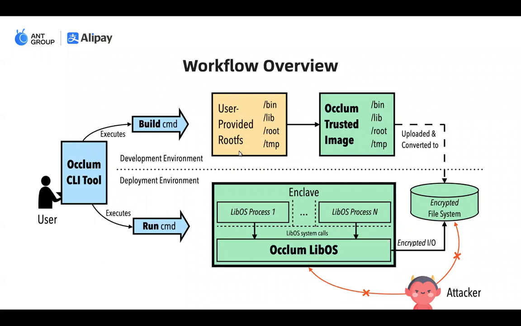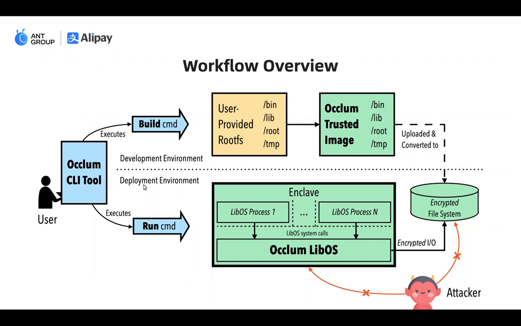You provide this rootfs, and the build command will convert it into an Occlum trusted image. This new format is MAC protected and optionally can be encrypted. This trusted image will then be uploaded to the untrusted deployment environment.